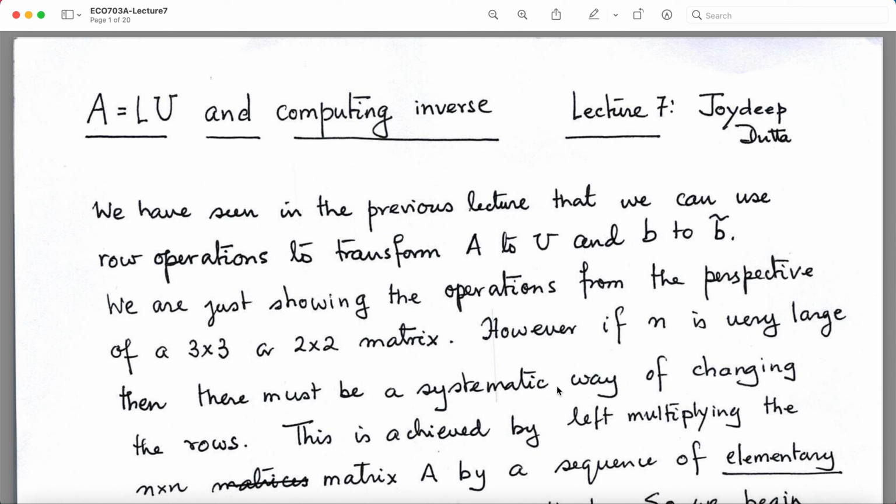When you take that elementary matrix and left multiply it on A, then the resulting matrix, say E1A, if E1 is the first step, gives me the matrix that would have come if I had applied the same row operation on A itself. So instead of doing the row operation on A, I do the row operation on the identity matrix. That is very important.